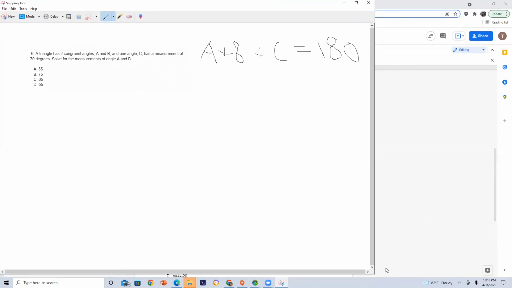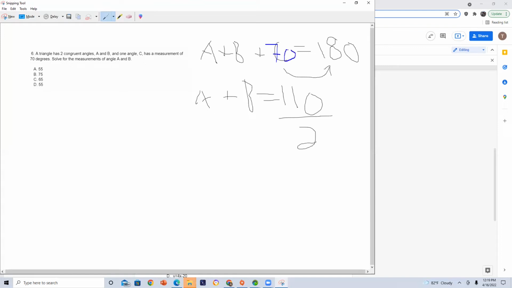So here's what you do. You want to move C over, and then C would turn negative because you're subtracting C from both sides. And then that would get you A plus B equals 180 minus 70, which is 110. And then you want to divide this in half because we know that A equals B.